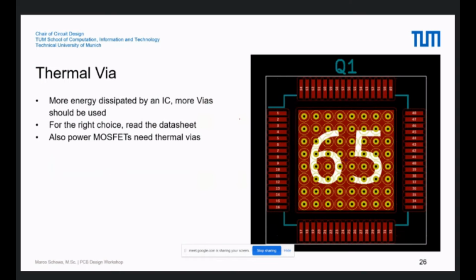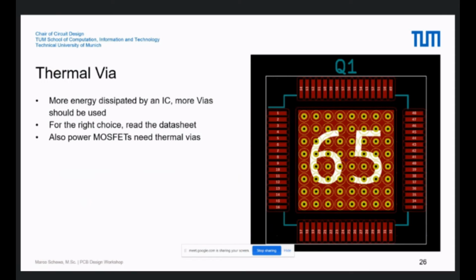And there also exist thermal wires. Here on the right side, you see one thermal pad of an IC, and a lot of thermal wires. This is 64 thermal wires. These wires are used to dissipate the thermal energy from the top layer to the bottom layer. The right choice of wires, you can read in the datasheet of the IC.